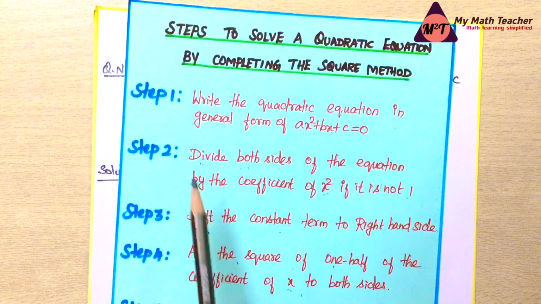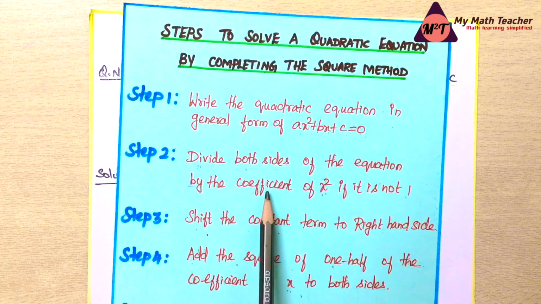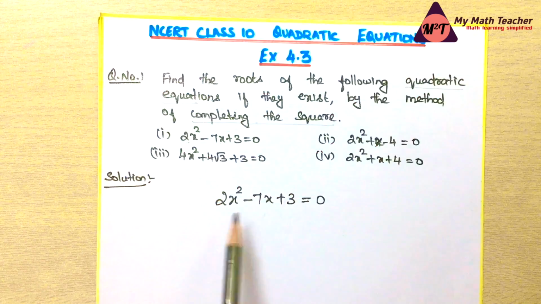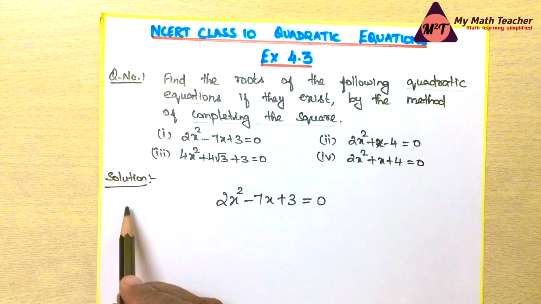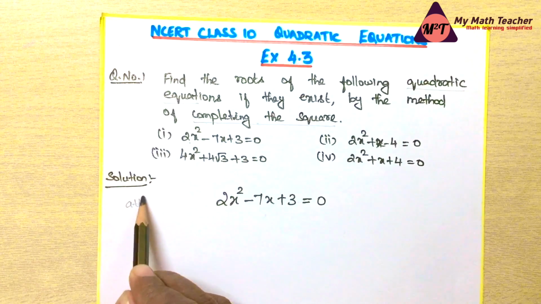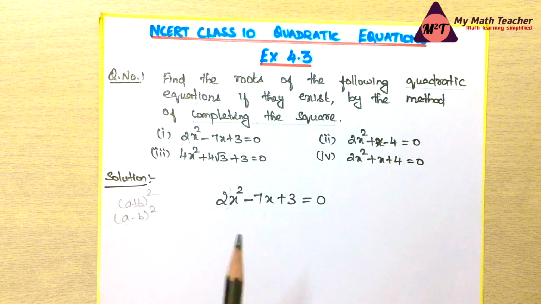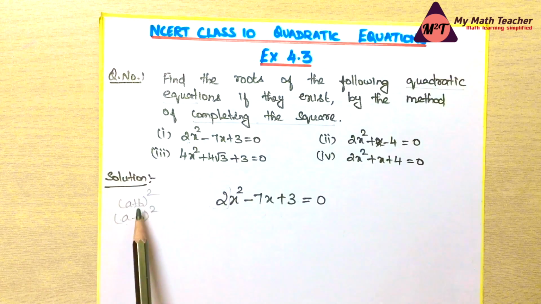Now the second step. Divide both the sides of the equation by the coefficient of x square if it is not 1. What we are going to do is we are going to convert this left hand side to a plus b the whole square form or a minus b the whole square. First step is we have to eliminate this 2 to reach this form.